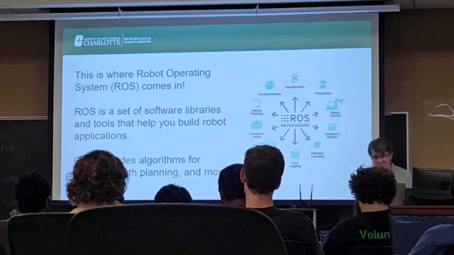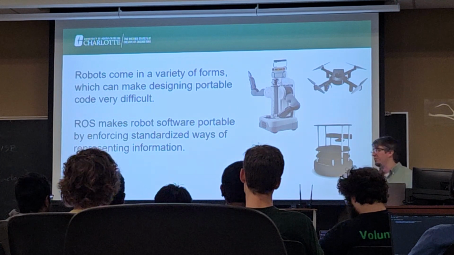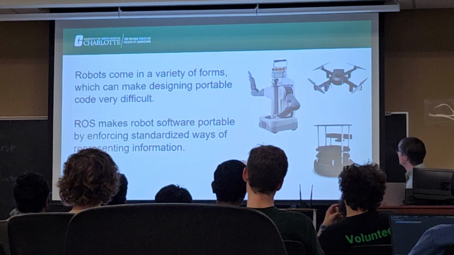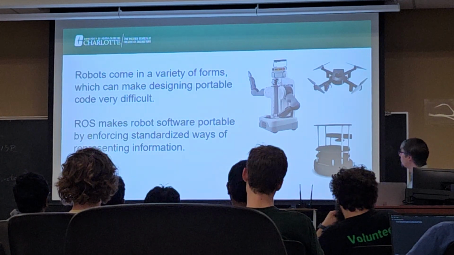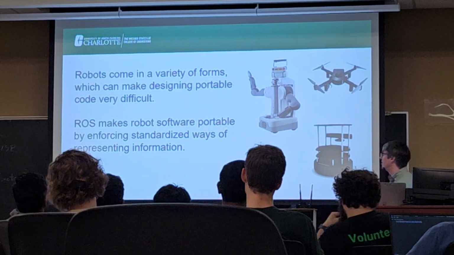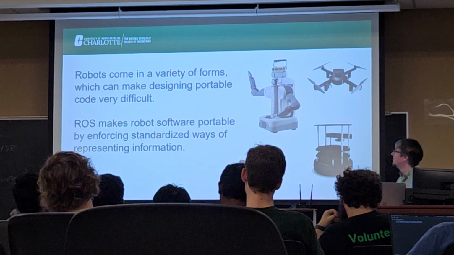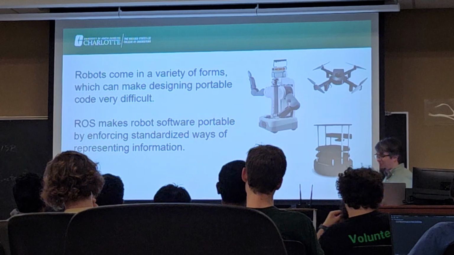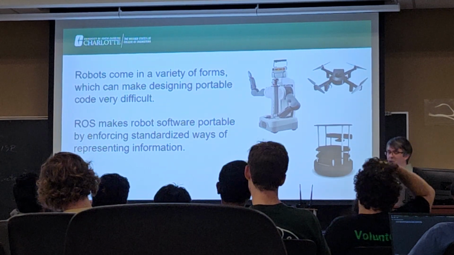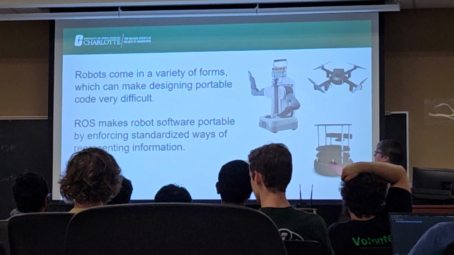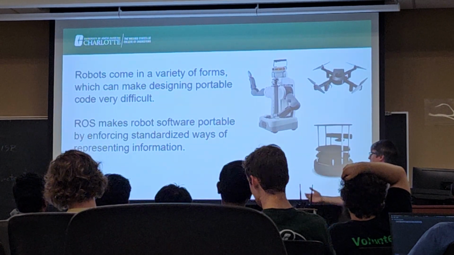And one of the things that ROS does, actually here's a good image, is that all these are different robots, very different in form and even in locomotion. You could have robots that fly, you have robots that walk. But there are things they have in common. If you want to plan a path through your environment, they all need to achieve that task and then follow that path.